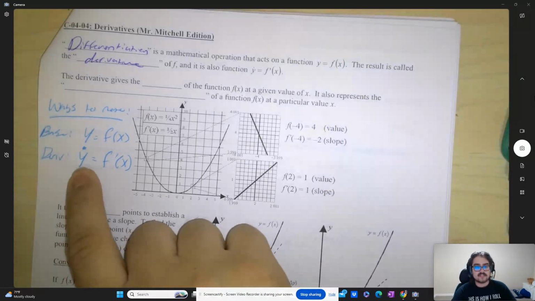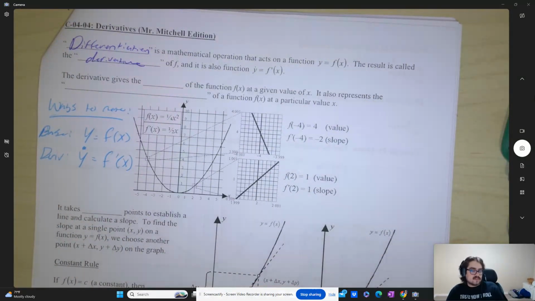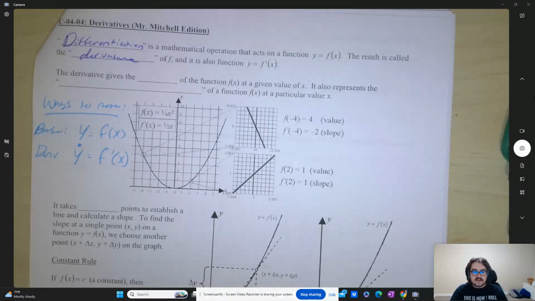So if you see a dot over something, that means it's the derivative of whatever the dot is over, and f prime of x is the derivative of f of x. If it's the second derivative, it's f double prime. If it's the third derivative, it's f triple prime, and so on and so forth.